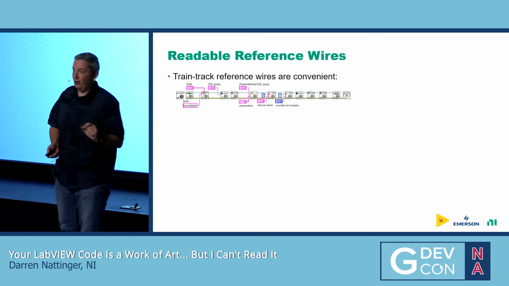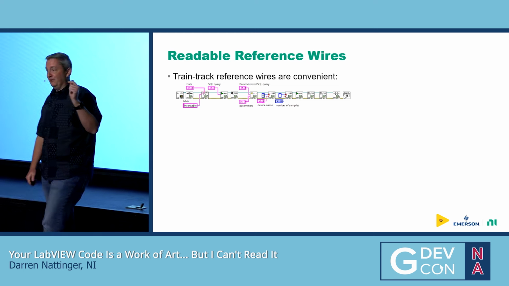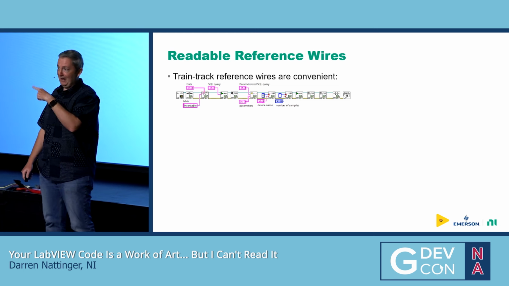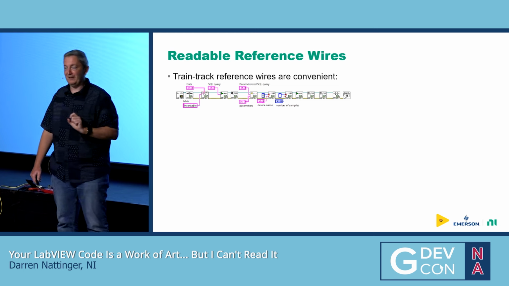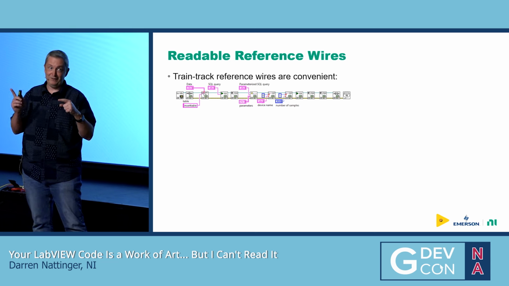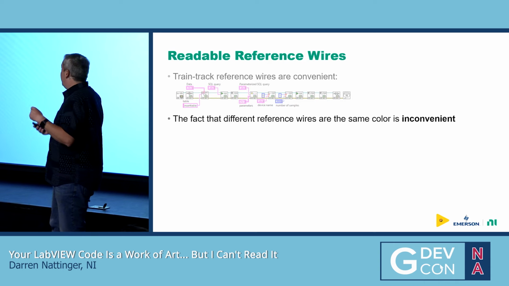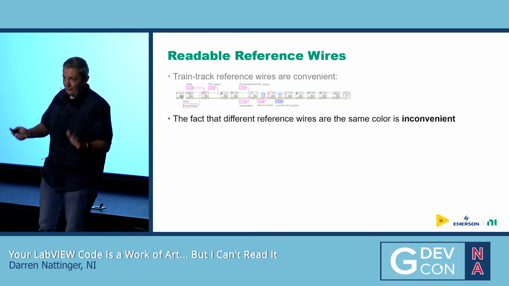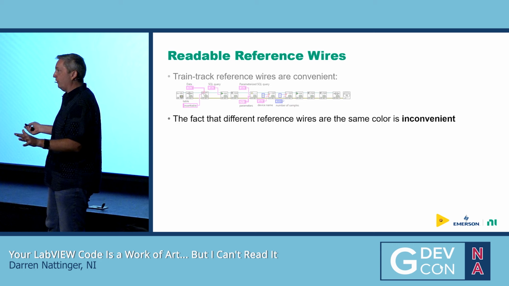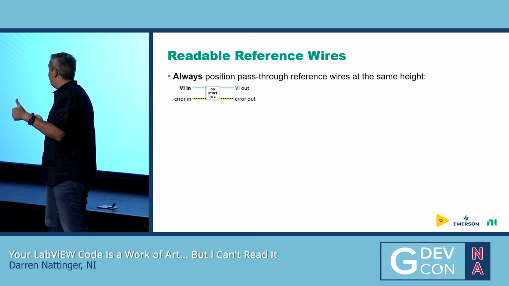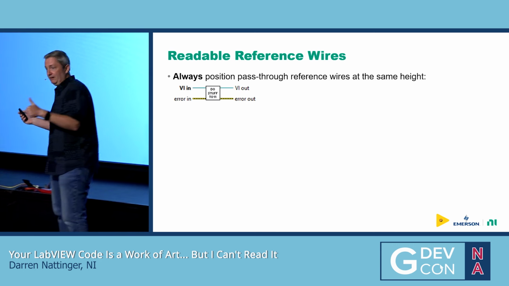And I have worked on code before where somebody had a VI in and a library out on the same spot on the connector pane, and it looks like it's VI in and VI out, but it's not. So that is not a readable diagram. The fact that those colors are the same is very inconvenient. As LabVIEW programmers, we should be making sure that we follow these two guidelines.